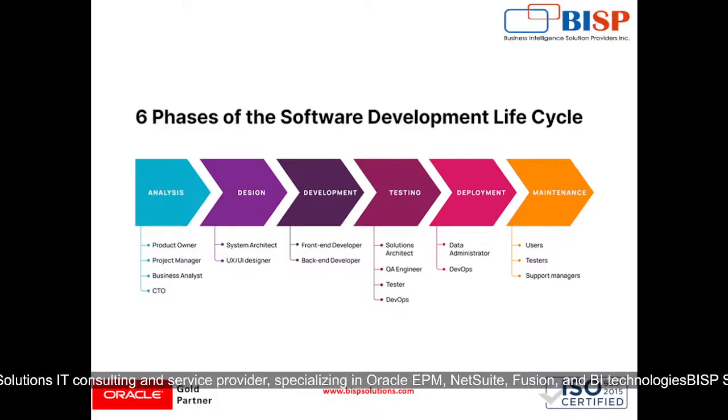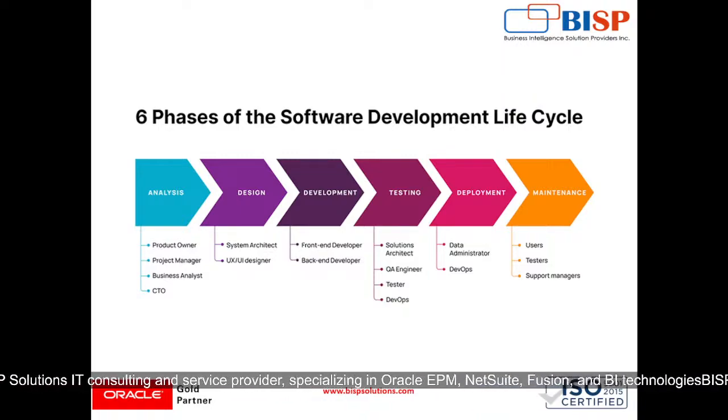Suppose post implementation support: after the NetSuite system goes live, the maintenance phase begins. It focuses on addressing any issues or bugs that may arise, providing end-to-end support and monitoring the system's performance, which ensures it operates as expected.